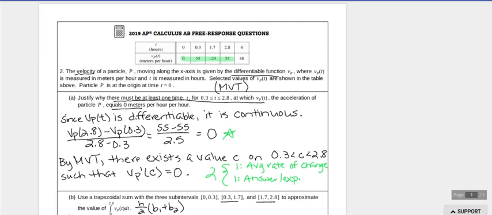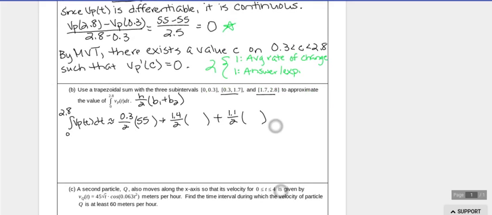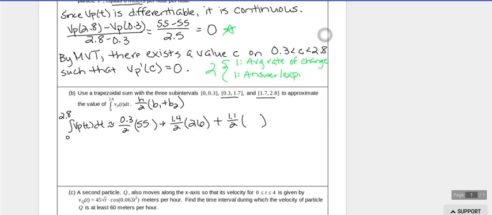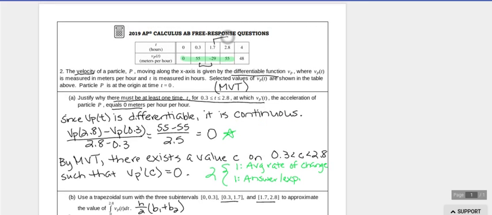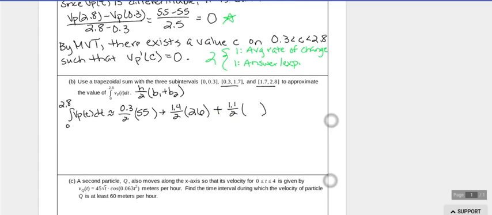Then from 0.3 to 1.7, that's going to give us 26. And then 1.7 to 2.8, if I add those two bases together, I also get 26. I know I'm not showing all of my work on there, but hopefully you guys are able to follow along with that. And all we're going to do then is put that in the calculator. So this is going to end up simplifying down to 40.75.